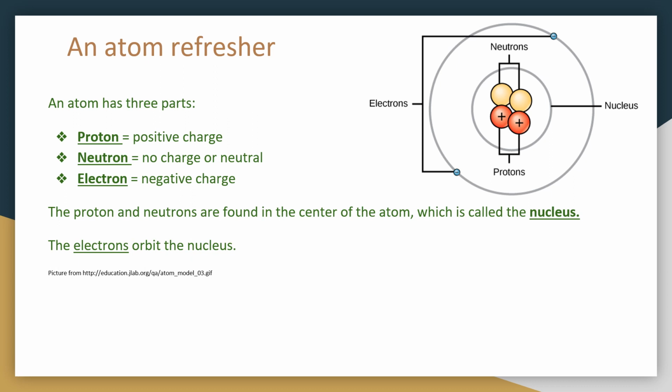Remember what those all mean: proton being positive, electron being negative, and neutron neutral. The protons and the neutrons are found in the center of the atom, which is called the nucleus, and the electrons orbit or circle around the nucleus. So just a little refresher there on atoms.